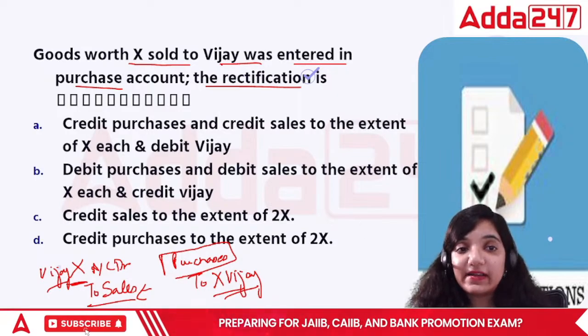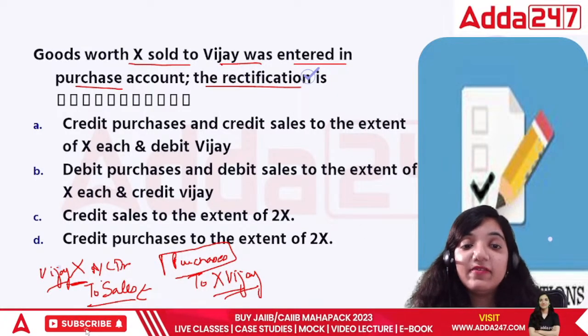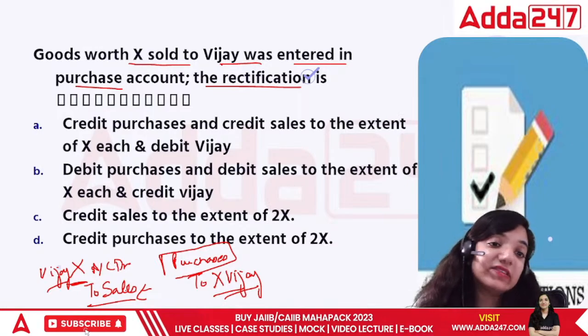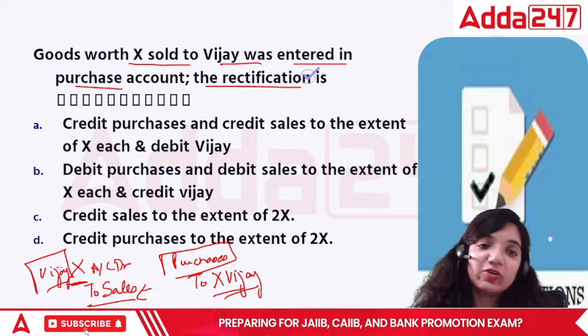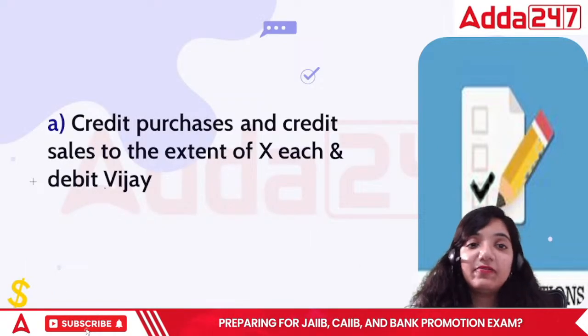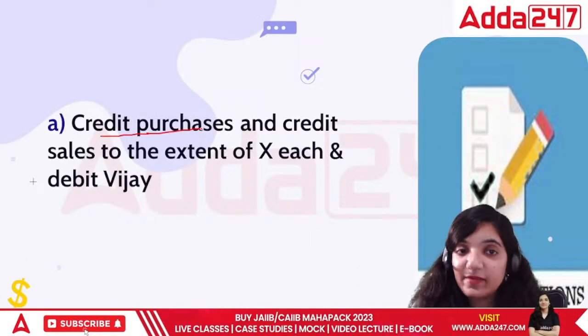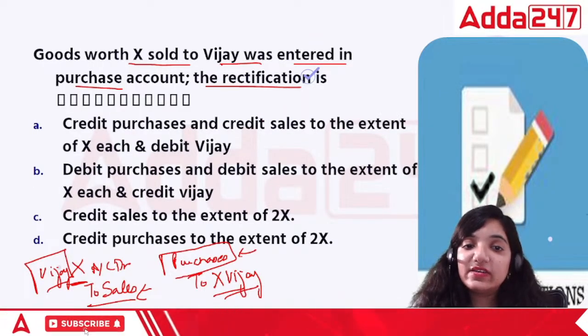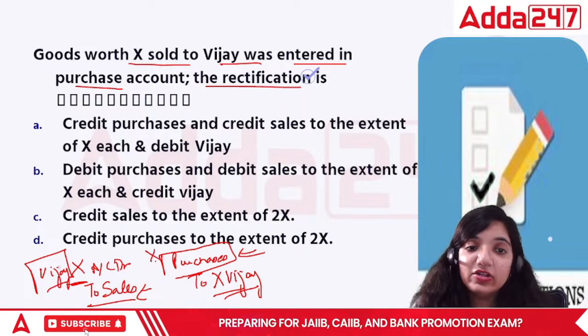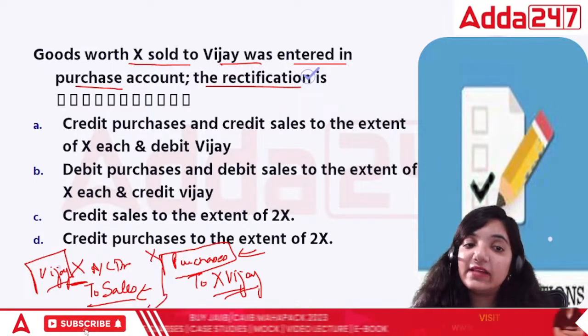Right? So in this case, we will rectify these two points, and Vijay has to be noted down as someone from whom I have to get money. So first of all, I will credit purchases and we will credit the sales. This purchases is gone now. This is wrong now. So we will take it to the other side.